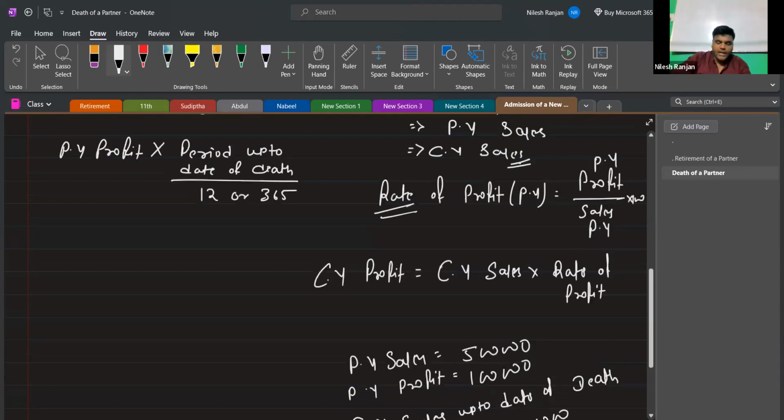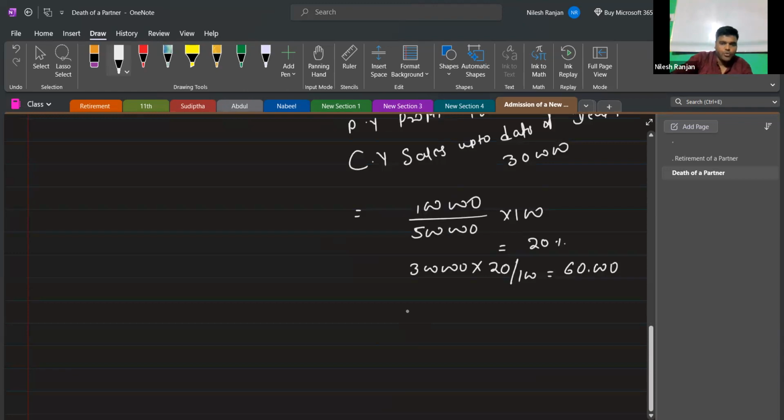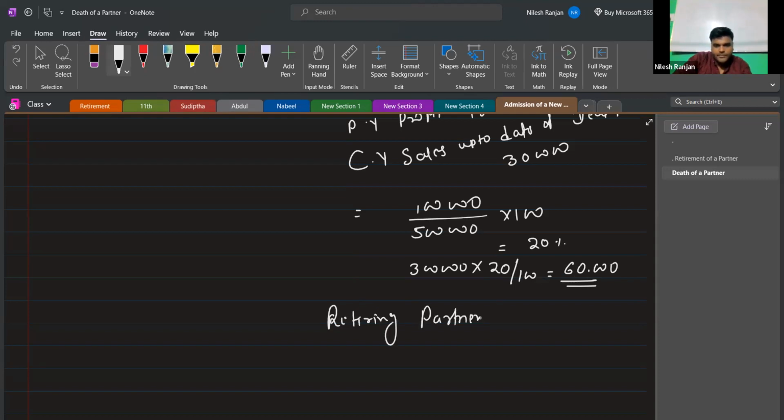After calculation of this profit, we have to calculate the share of the retiring partner. If the retiring partner's profit share is 1/6, then 60,000 into 1/6, you will get 10,000.